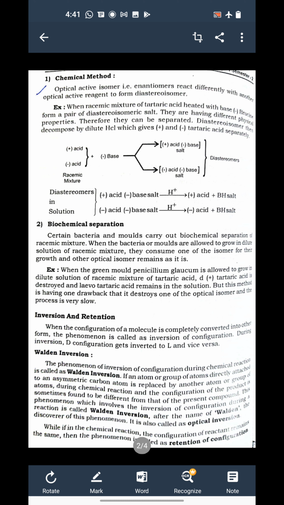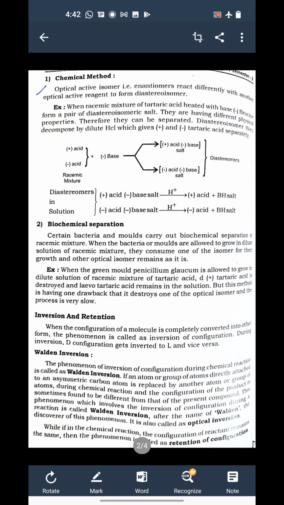One is that we may get a product having the same configuration, meaning suppose we start with a D plus isomer, we may get a compound having the same D plus or D configuration. Or it may happen that the reactant is the D or plus isomer, and after this reaction we may get a product which is the L or minus isomer.